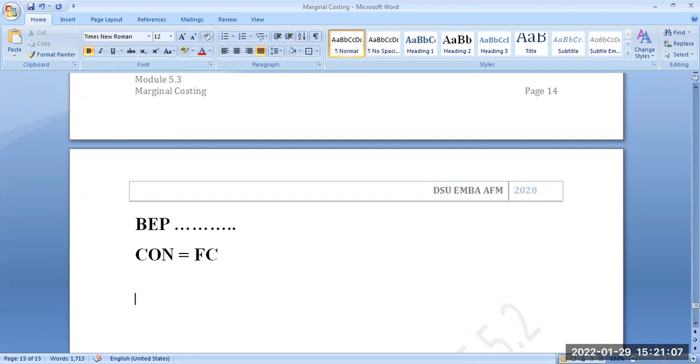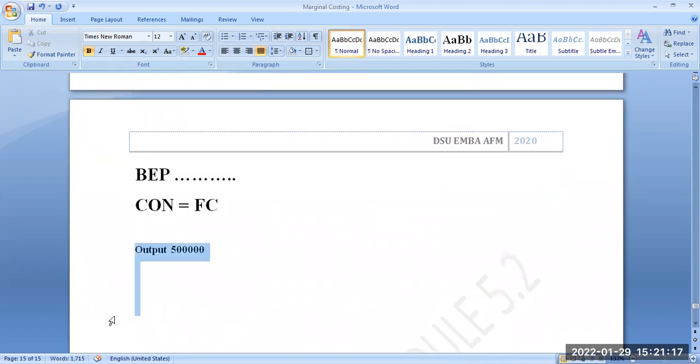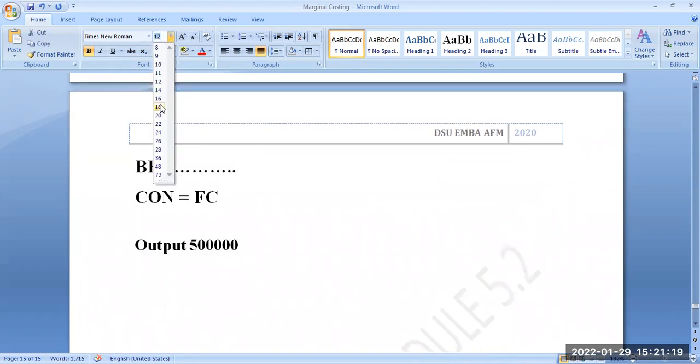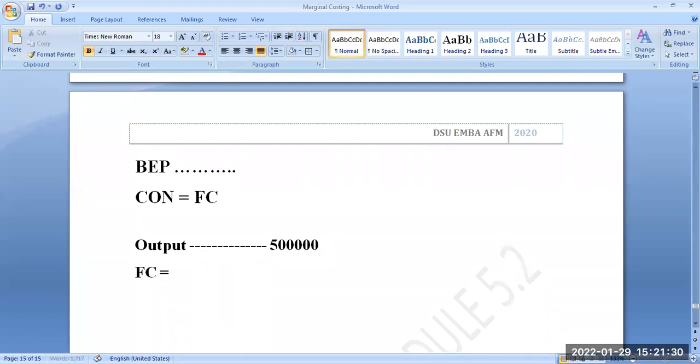Suppose the output is 5 lakh units. Fixed cost is rupees 7,50,000.